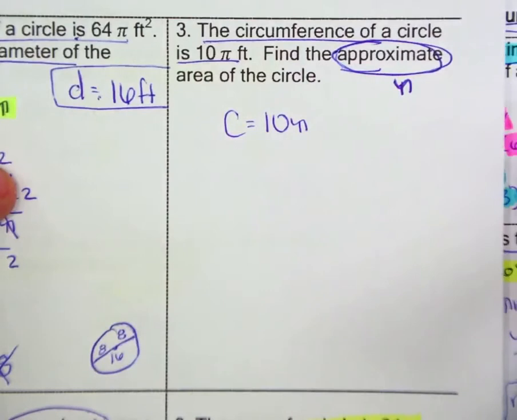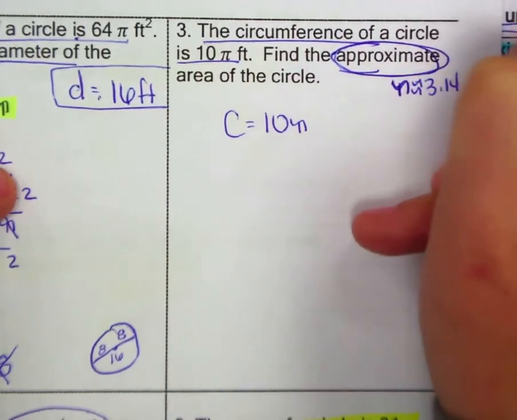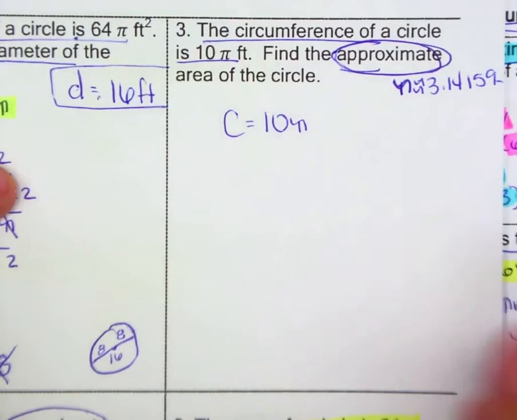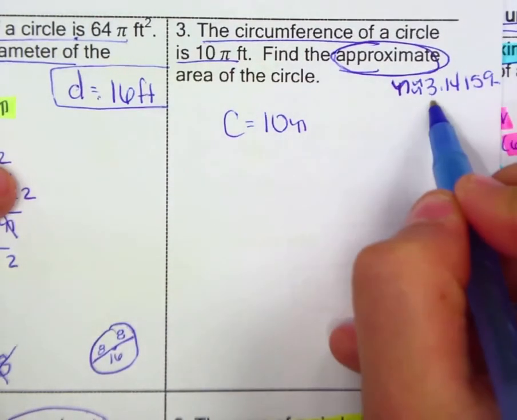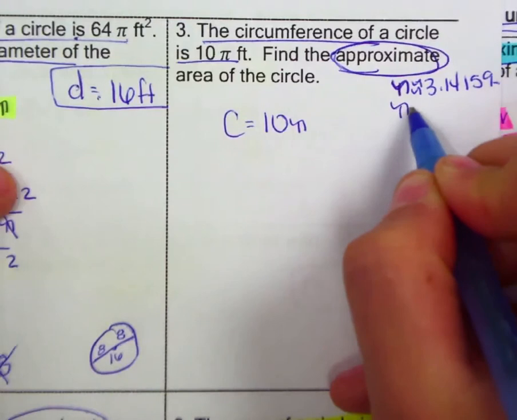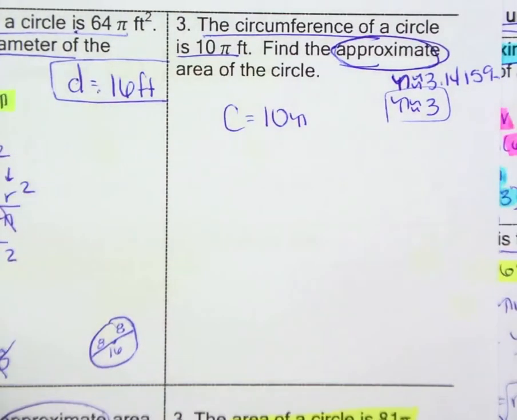Pi is approximately 3.14159 and more numbers. It's an irrational number. It cannot be written as a fraction. So when we see this word approximate, then we're going to substitute, how about just 3 in for pi? So that we don't have a pi anymore. We have an actual approximate distance.